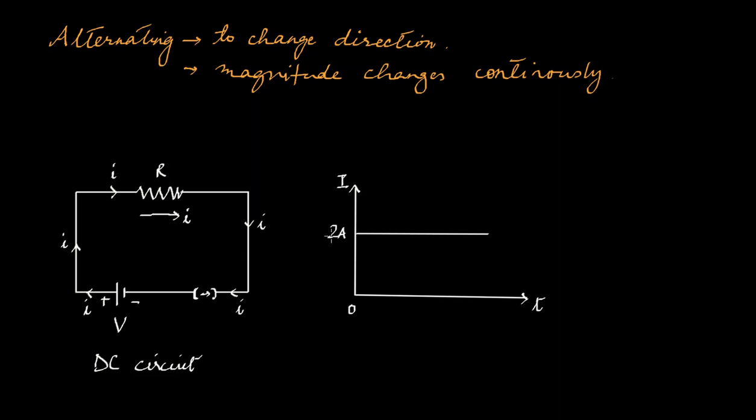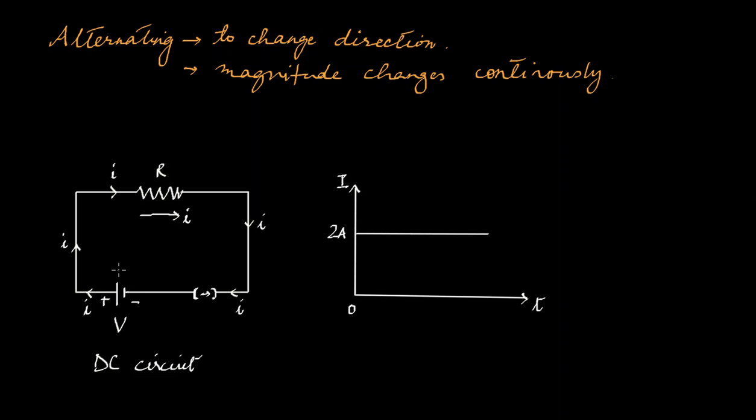If the current is 10 ampere, then the magnitude of the current will remain as 10 ampere. There is no change in the magnitude of the current, and there is no change in the direction of the current. So this is what happens inside a direct current circuit. Got it? And this is known as a cell. This is the symbol of a cell for direct current.